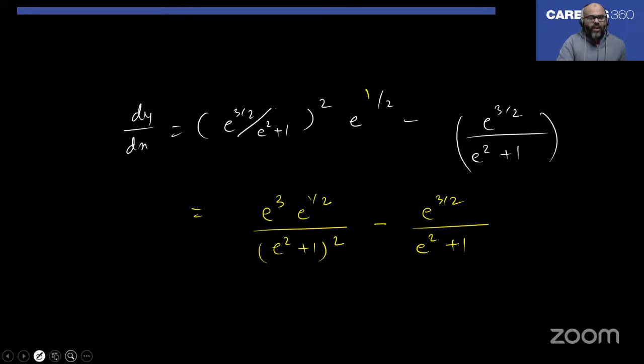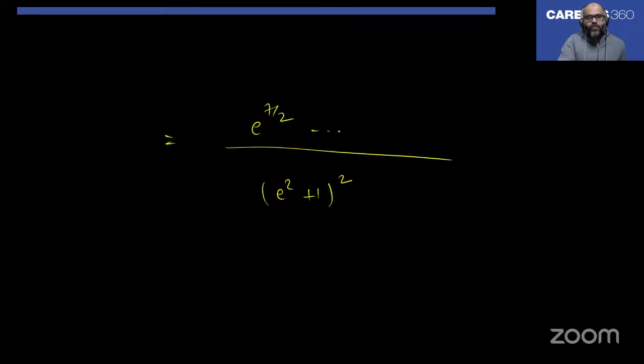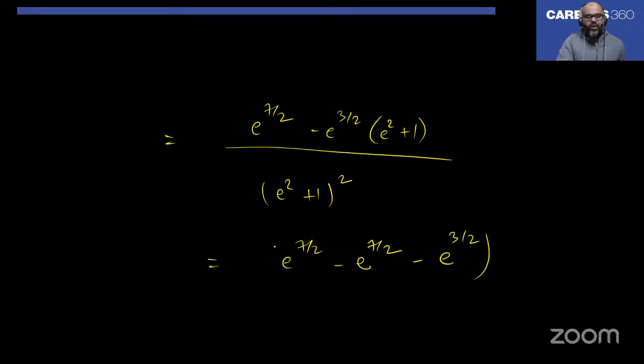And this will become minus e to the power 3 by 2 into e square plus 1. So it is e to the power 7 by 2 minus e to the power 3 by 2 and e square. When you add it, you will get 7 by 2, 4 plus 3, 7 by 2, minus e to the power 3 by 2. This is what you are getting in the numerator, and denominator is e square plus 1 whole square.